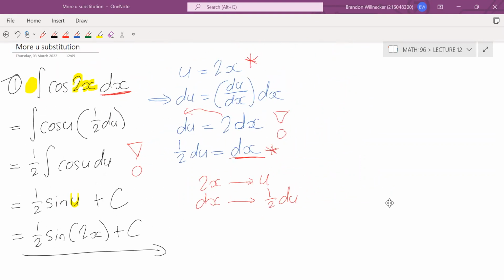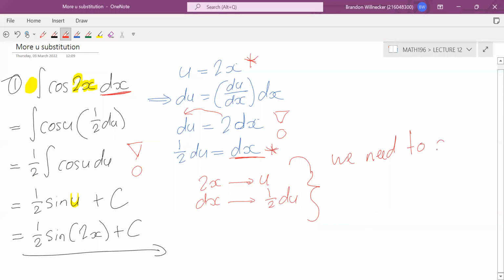Are there any questions about this one? Remember, u-substitution is all about this replacement over here. We need to do these replacements.